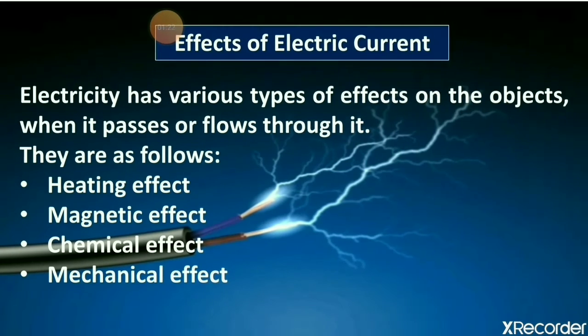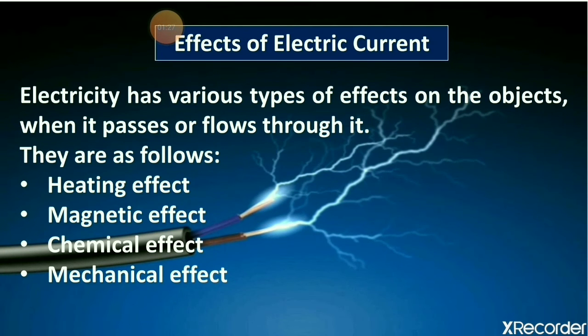So let's start with effects of electric current. Actually, when electricity passes through any object, it shows various types of effects, that is heating effect, magnetic effect, chemical effect, mechanical effect.